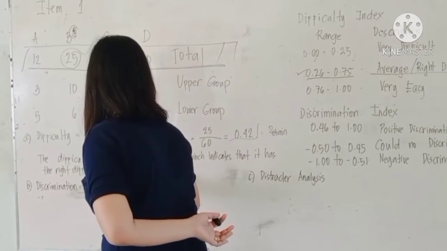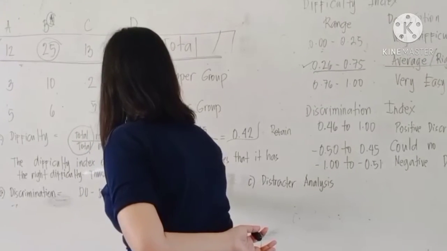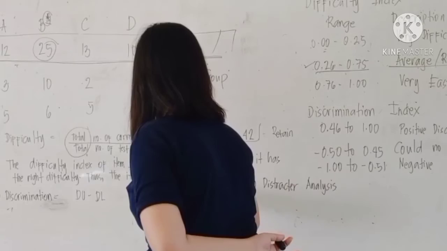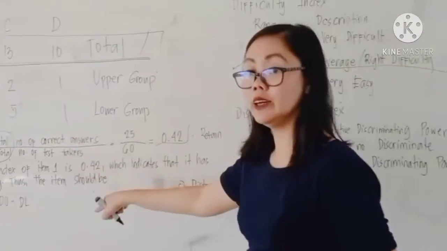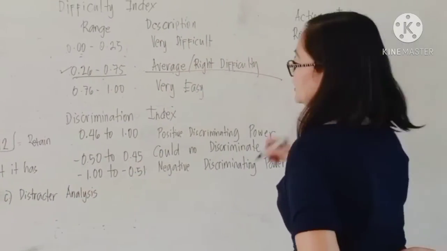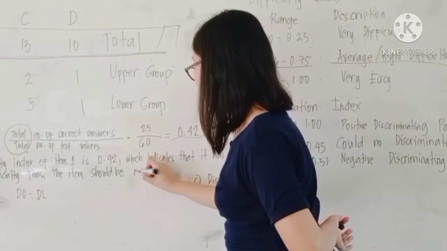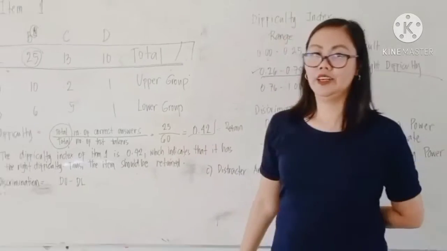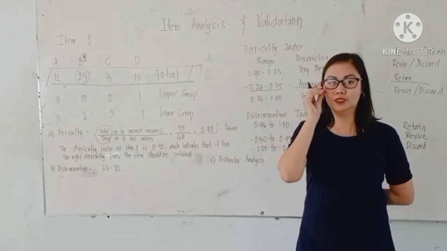Thus, the item should be... what should be done with the item? Focus on the action taken, sabi doon retain. So, should be retained. So, that's your conclusion. Okay?